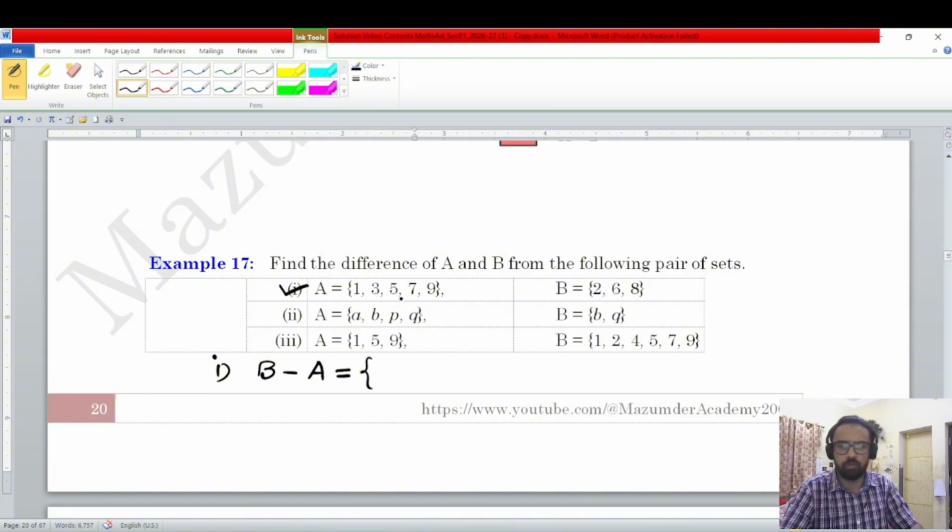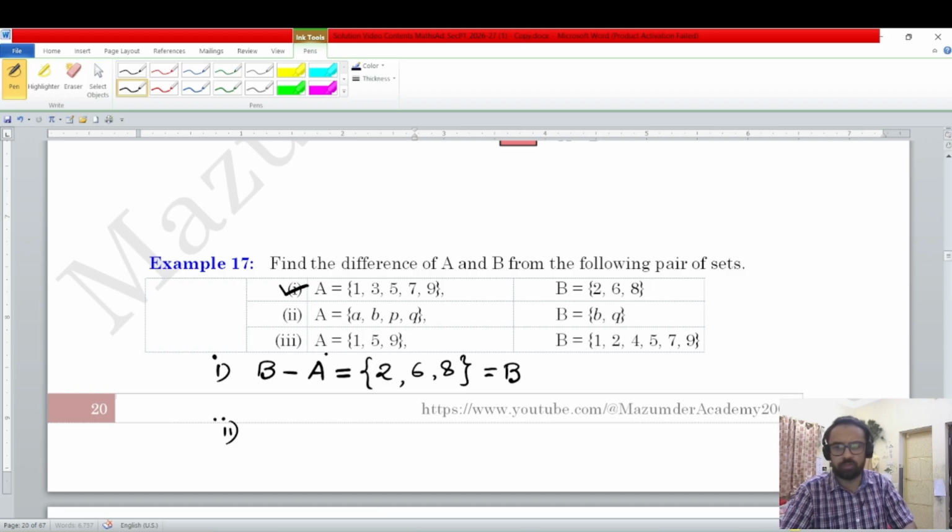Do you have any common elements? Nothing. So it will remain B, 2, 6 and 8. That means it is nothing but B, because their intersection is empty. They don't have any common element.